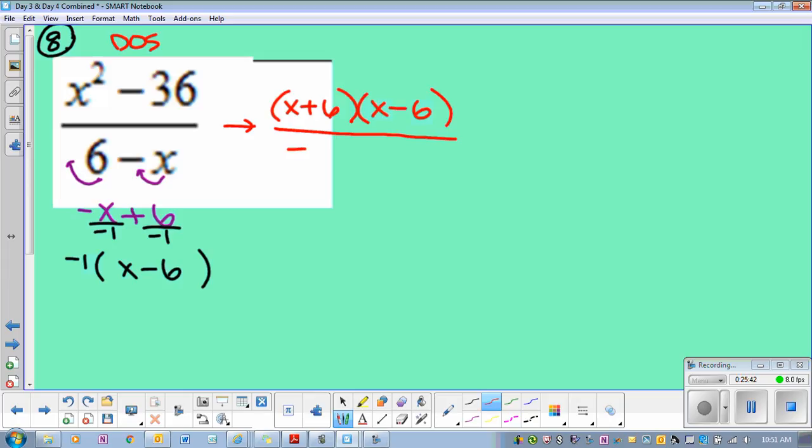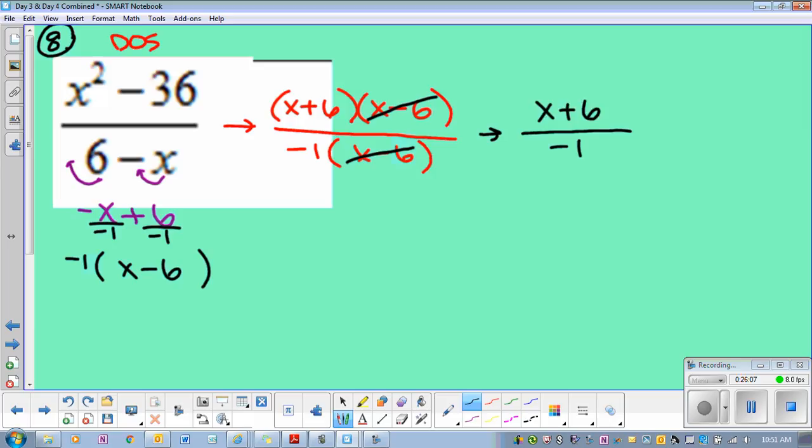So I'm going to put a -1 and then x minus 6. And even if it is a -1, you just put negative. That's fine. Same thing. You just cross out x minus 6. Yeah. You cross out the x minus 6's, and then what do you have left? -1. On the bottom? Okay. You have a -1 on the bottom. How about on the top?